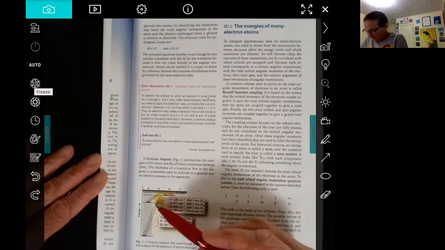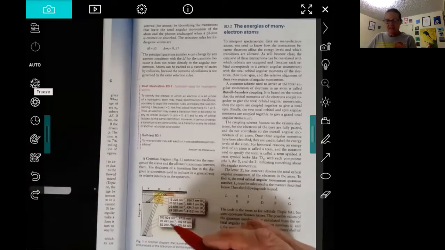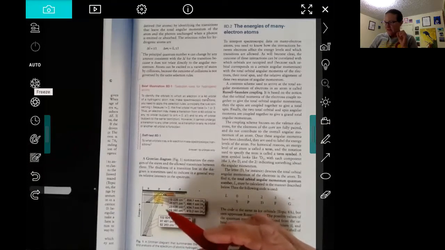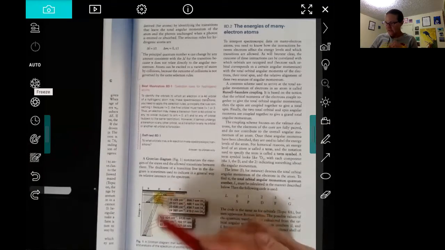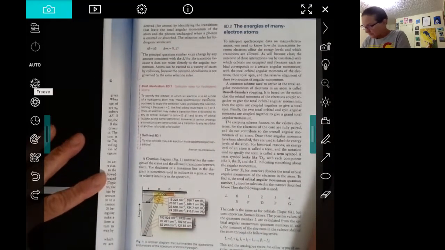So you could have a 2p electron going down to a 1s electron, and it doesn't matter the 2 and the 1. All that matters is that the L quantum number changed from a P to an S, so it changed from a 1 to a 0. So that's allowed by the selection rules.